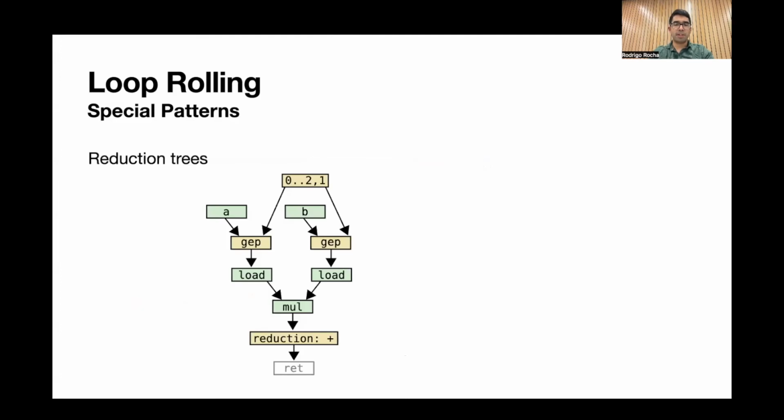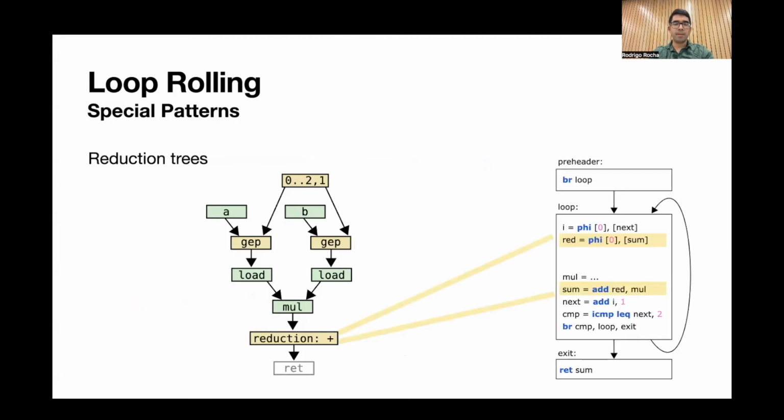For the code generation, the reduction node will produce two instructions. First, we have a phi node that starts with the neutral element of the reduction operation. In the case of the addition, the neutral element is 0.